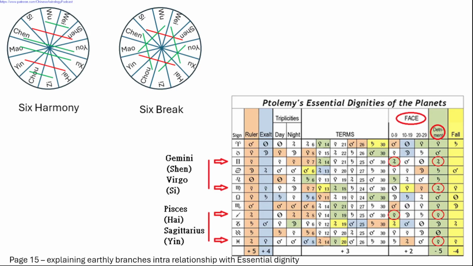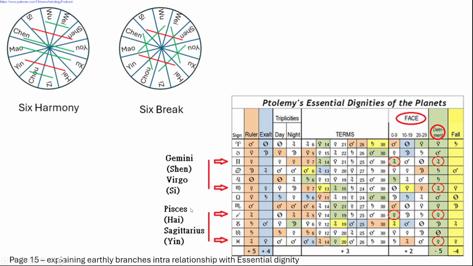At the same time, the 6 harmonic and 6 breaks occur at Chen and Xi, which are Gemini and Virgo. You can see Jupiter falling in both detriment and the phase status.